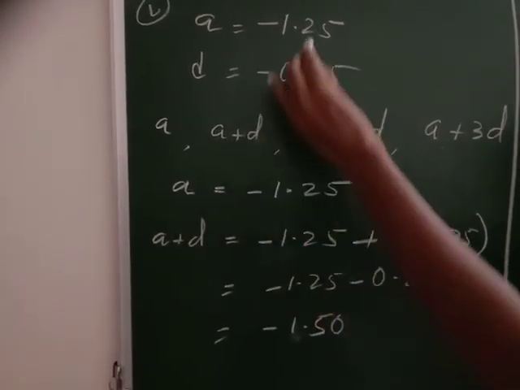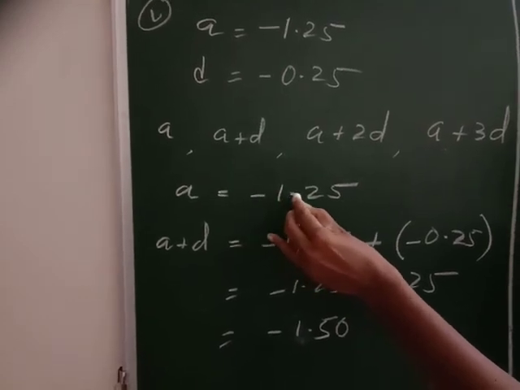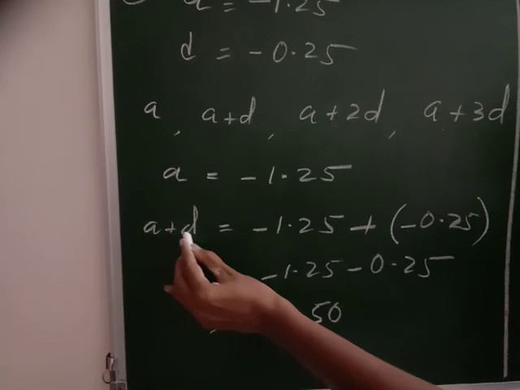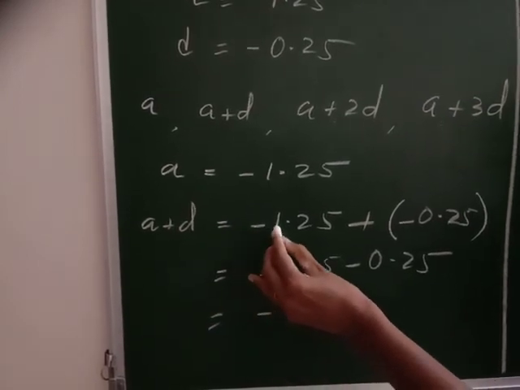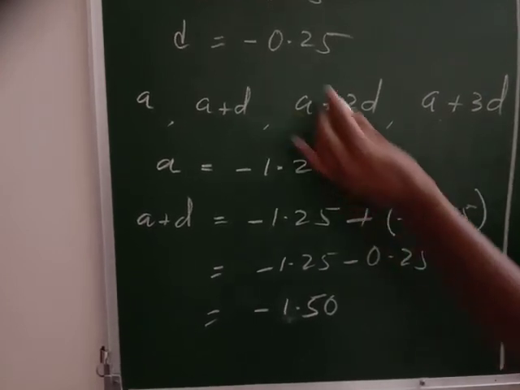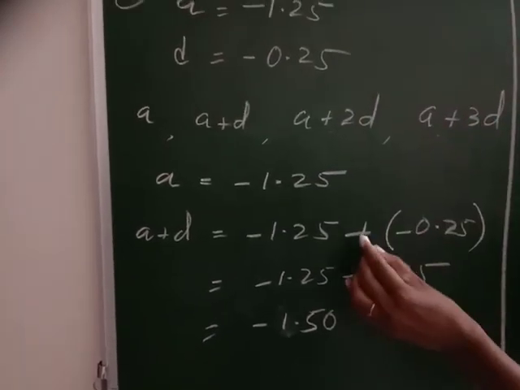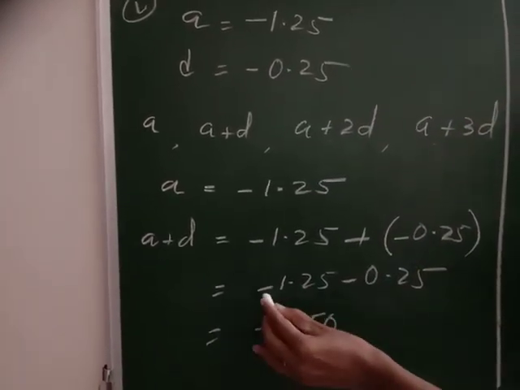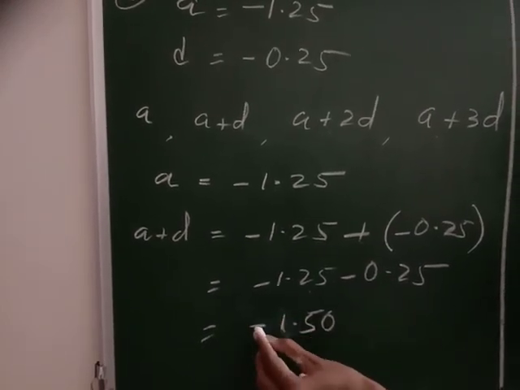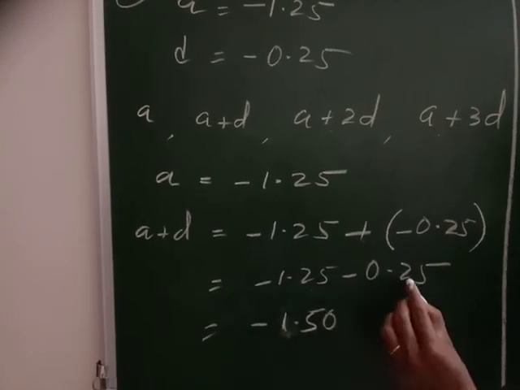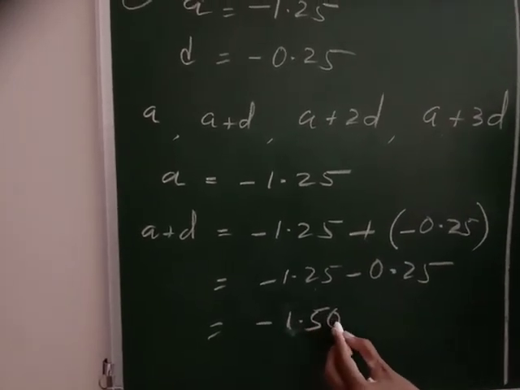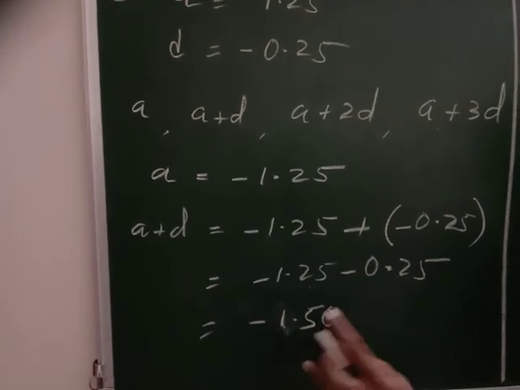Now my first term is already minus 1.25. Now second term is A plus D. So it will be minus 1.25 plus minus 0.25. See, we both are negative. Now plus minus is minus. So I will do the addition and the sign will be negative. So if I do the addition of these two, I will get minus 1.50, or you can say minus 1.5.